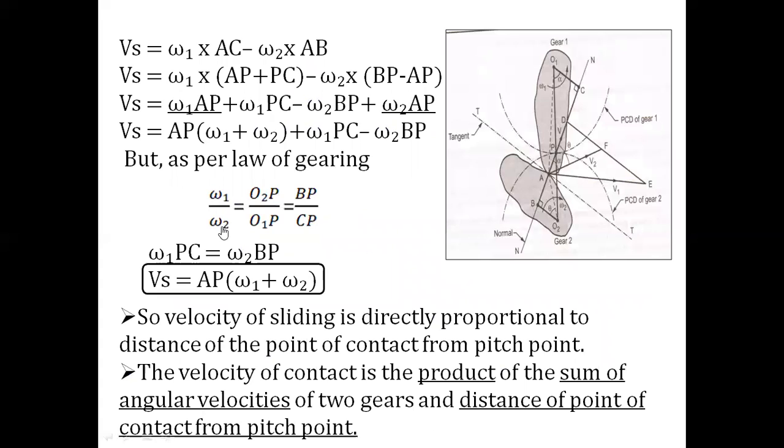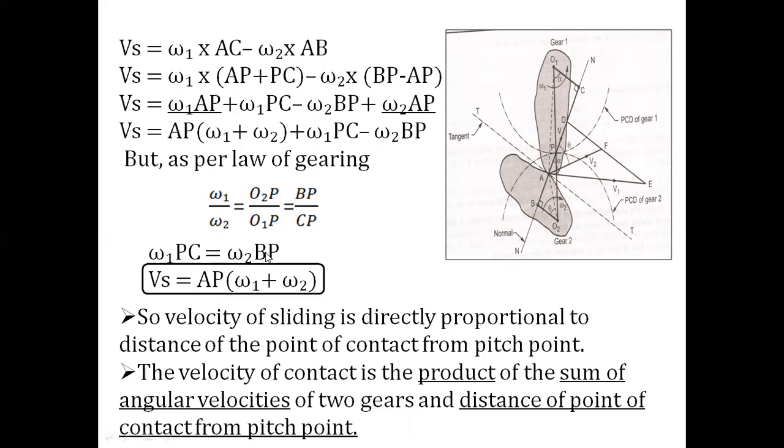Omega 1 divided by omega 2 is equal to O2P divided by O1P is equal to BP by CP. Now considering this term and this term, omega 1 by omega 2 is equal to BP by CP. So cross multiply: omega 1 into CP is equal to omega 2 into BP.